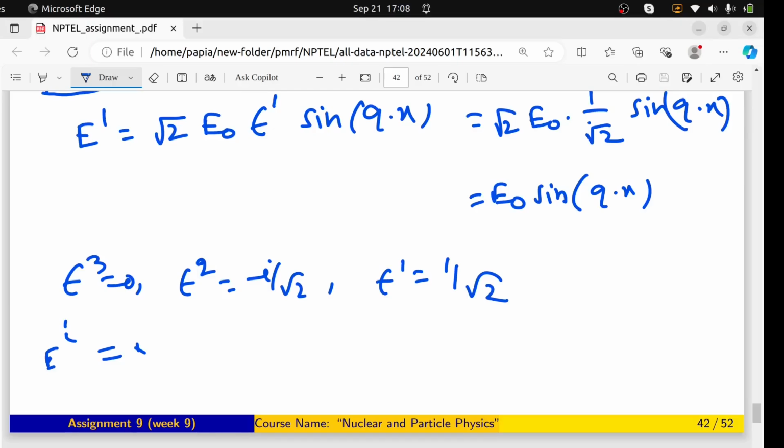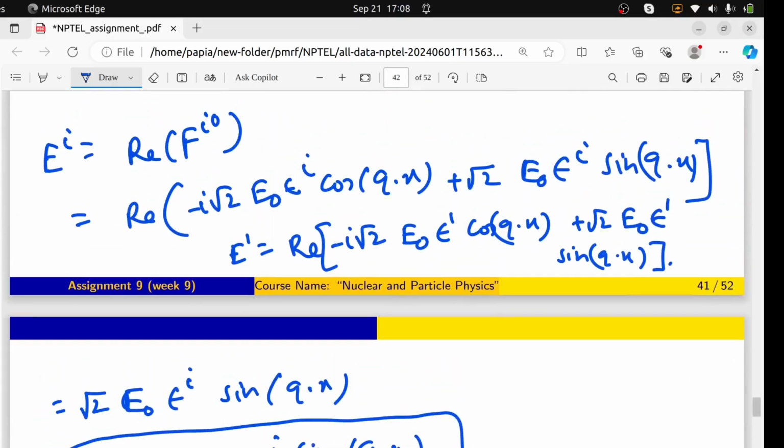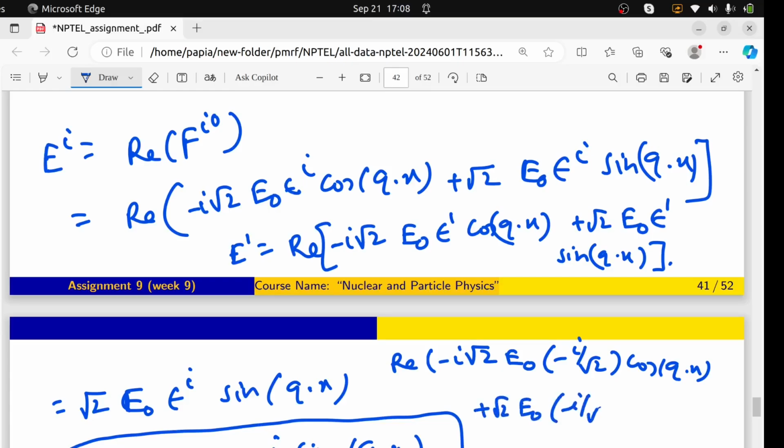So for E2 we can write here real of f20, and real of f20 means you can see f20 is real of minus I root 2 e0 epsilon 2. Epsilon 2 is minus I by root 2 cos q dot x plus root 2 e0 minus I by root 2 sin q dot x.